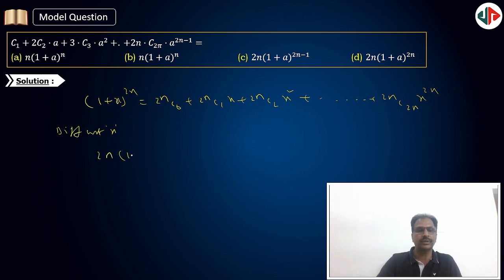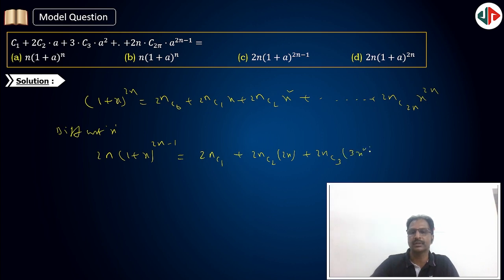Then you get 2n into (1 plus x) whole power 2n minus 1 is equal to: 2nC0 is a constant, derivative 0; 2nC1 x, derivative 2nC1; 2nC2 into 2x; next 2nC3 into 3x square; plus so on, 2nC2n into 2n x power 2n minus 1.